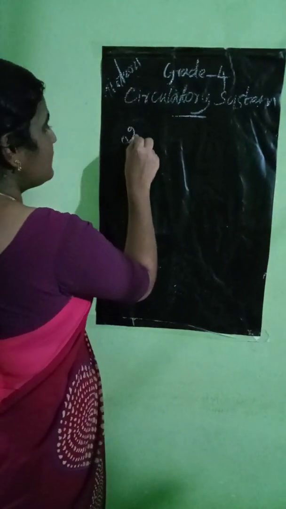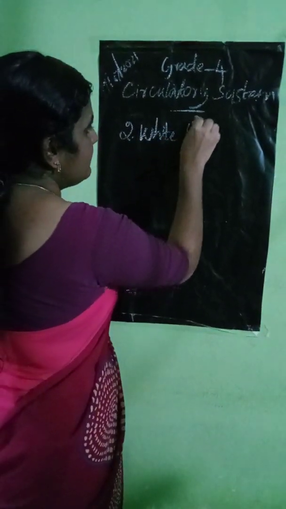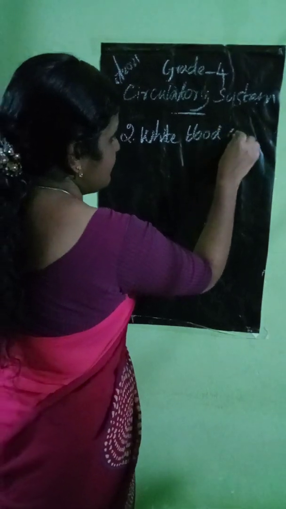Children, the second one is white blood cells.